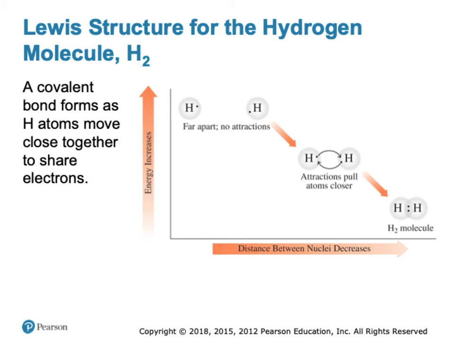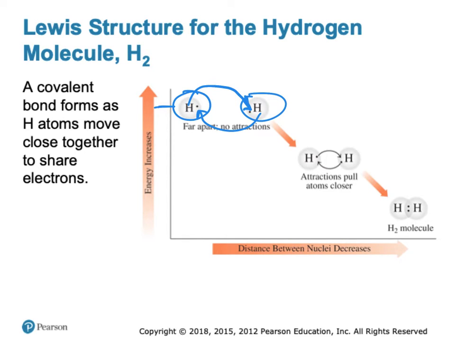So you can see this here schematically in this graph. We have two individual hydrogen atoms that are far apart and they have no attraction. And you can see that they have high energy. Now, as the nuclei attract the electrons, the positive nucleus is going to attract this electron, and then the other positive nucleus will attract the other electron.